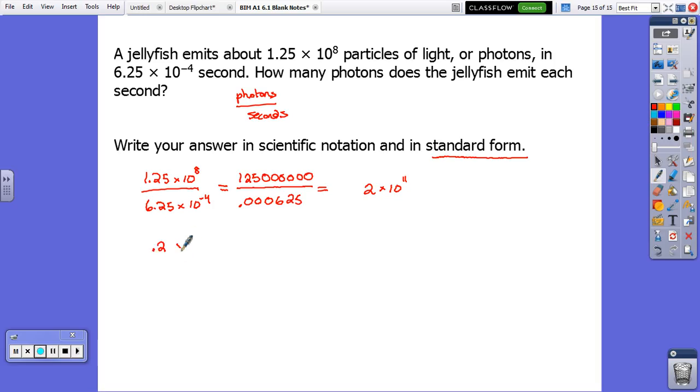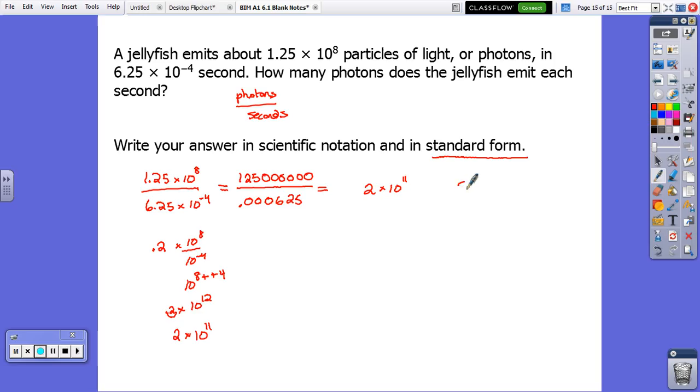And then if you have 10 to the 8th over 10 to the negative 4, if you think about that as the quotient property, you subtract them, 8 minus negative 4 ends up being 12. So it's 0.2 times 10 to the 12th. But we know that we never write our first number in scientific notation as 0.2. It always needs to be between 1 and 10. So if we move the decimal place to the right to get 2, that's where we come up with 10 to the 11th. All right?